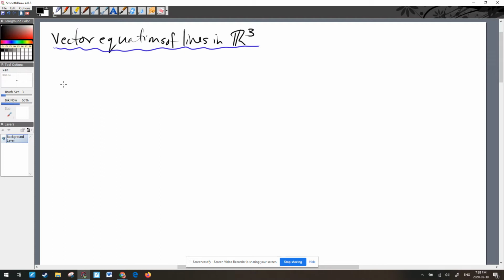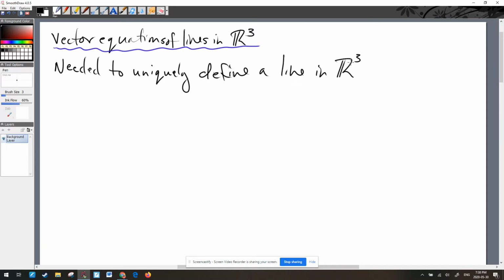What's the minimum suite of information that we could have to uniquely define a line in R3? Now, this isn't all that complicated for a line, but this is kind of a lead-in exercise to the next thing we're going to do, and that's equations of planes in R3. So nonetheless, what do we have to uniquely define a line in R3?